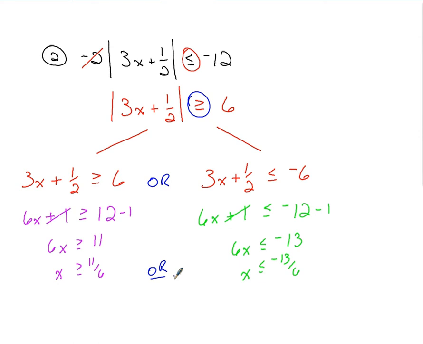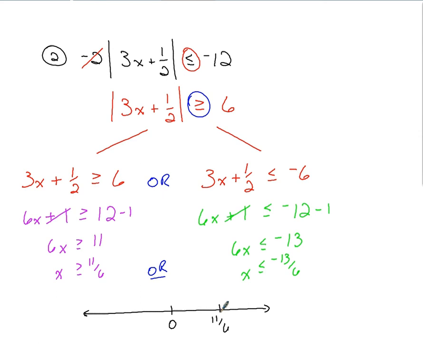We graph that out. Put 0 on here for perspective's sake. All right, 11/6. Positive. Here's 11/6 over here. Greater than or equal to 11/6.